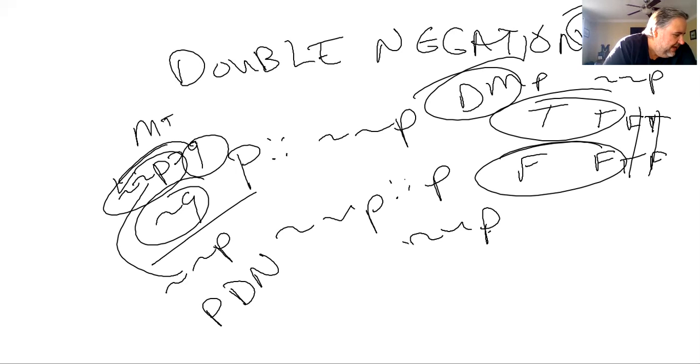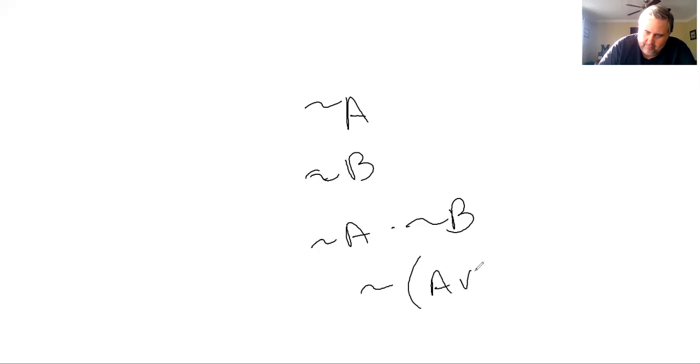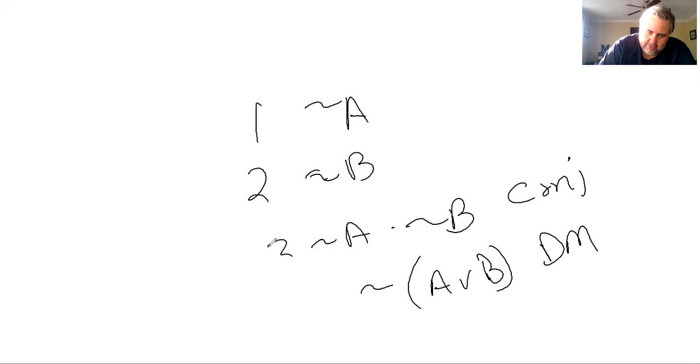Basically what they're saying is, if you have tilde A and you have tilde B, then you could always conjunct those to get tilde A dot tilde B, to then get tilde A wedge B via De Morgan's. So you're basically conjuncting lines 1 and 2, and that allows you to get that.